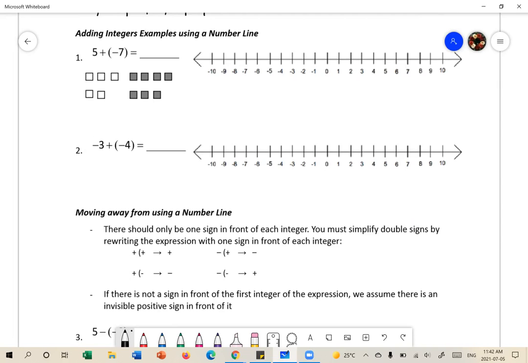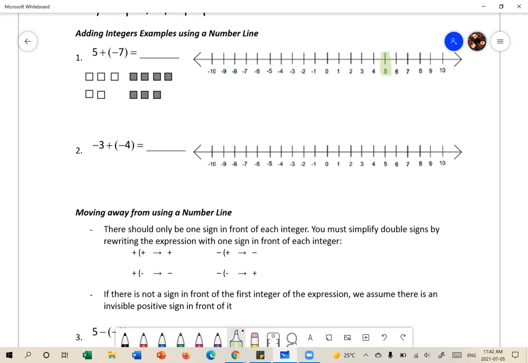Adding integers. An example with a number line. 5 plus -7. I'm going to begin with marking integer 5, which is right here on the number line. Now we're adding -7 to it.